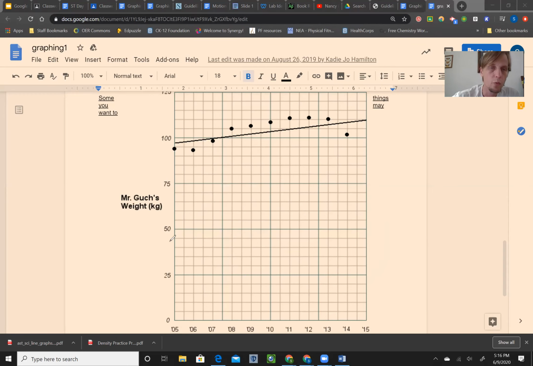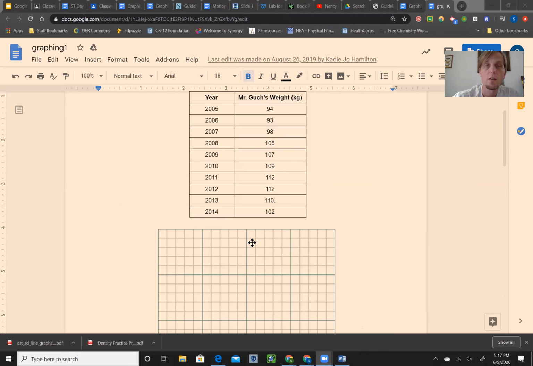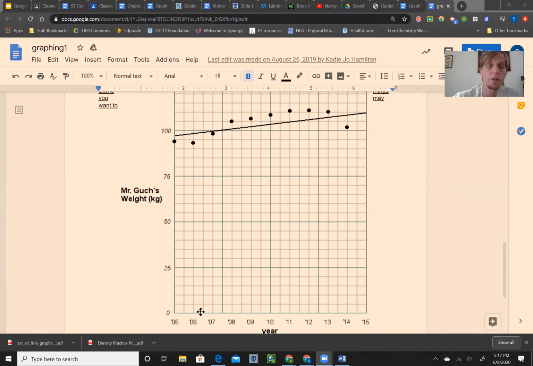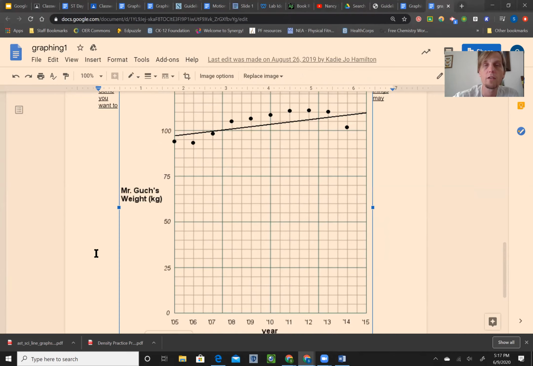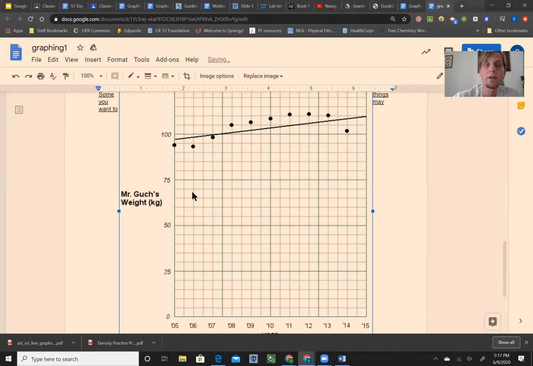So that's why I'm saying we could just start off not at 0, but go right down to the number. The lowest value was 93, so 90 would be a good one. And if we put it at 90, we would be about right here. That would really stretch this out nice and pretty. We'd really get a good idea of the trend that you're looking for here.